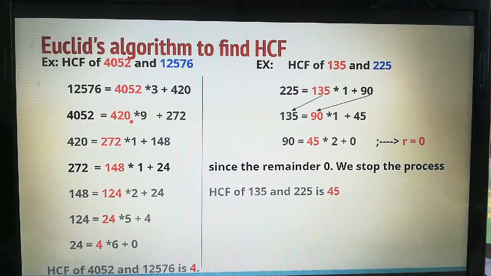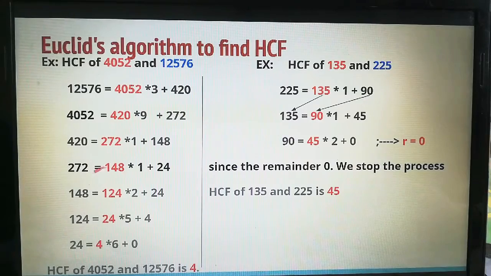So before 10 we can take 9 as a factor. So 420 into 9 is 3780, and 4052 minus 3780, we'll get 272 as a remainder. This is not 0, so we again do the same process, considering 420 as a and 272 as b. So 272 goes 1 time and the remainder is 148.